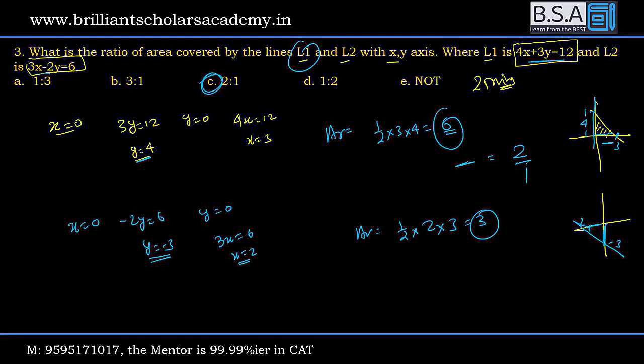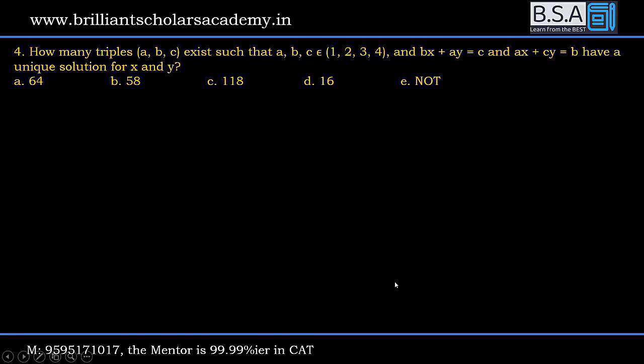Using those intercepts, you can find areas. Now, by current standards of CAT, this is somewhat approaching CAT level. Give it a shot. I'll wait for a minute or two. Try.